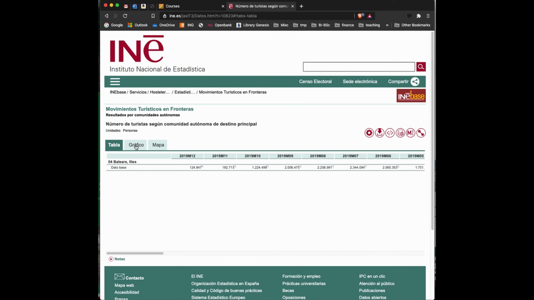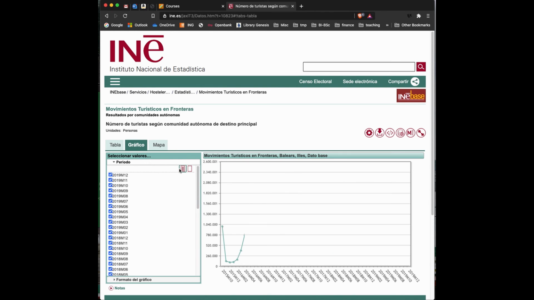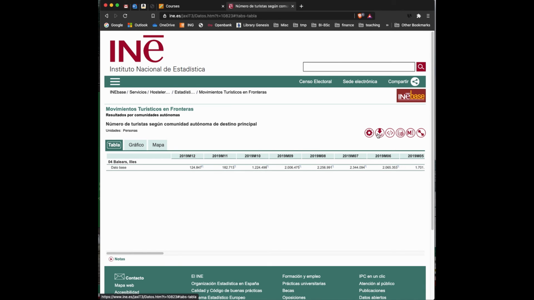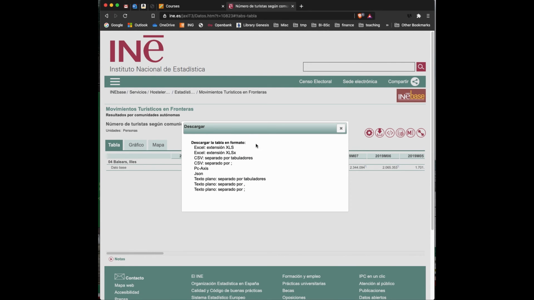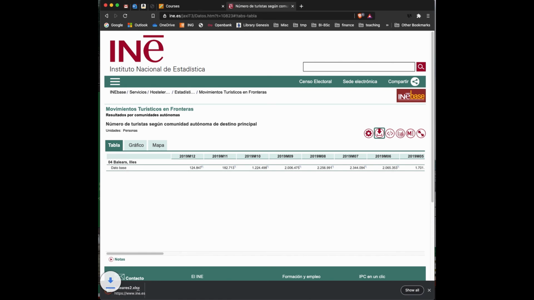If you want to see the graph, you can look at it here: select everything, and the graph comes. By going to the data, we're going to download the data as an XLSX, and I'm going to call it whatever. I have a file called Baleares, so I'm going to call this Baleares 2, and that saves my data.